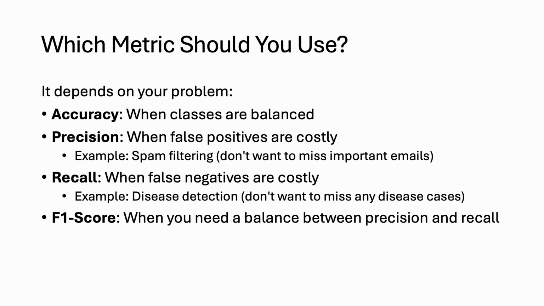In those cases, we prefer precision. But in disease detection, like cancer and non-cancer, recall is the more preferable choice, because I don't want to miss any disease cases. If I label a cancer sample as non-cancer, it may harm the patient. And last of all, the F1-Score, when we need a balance between precision and recall.